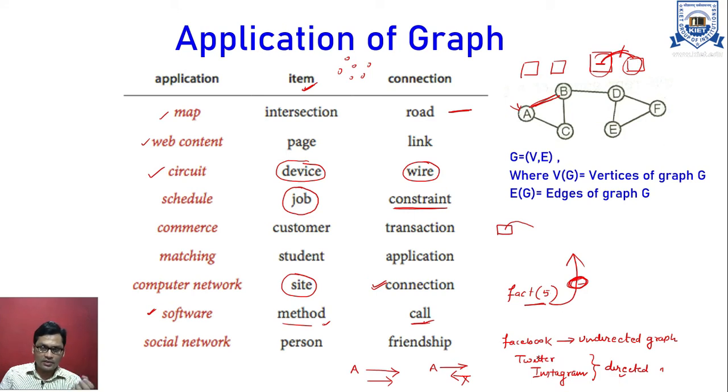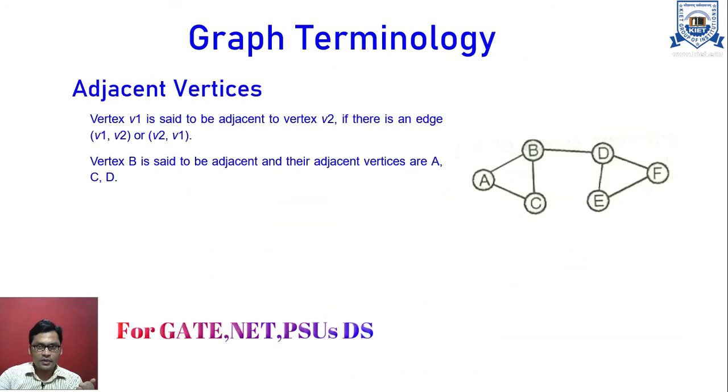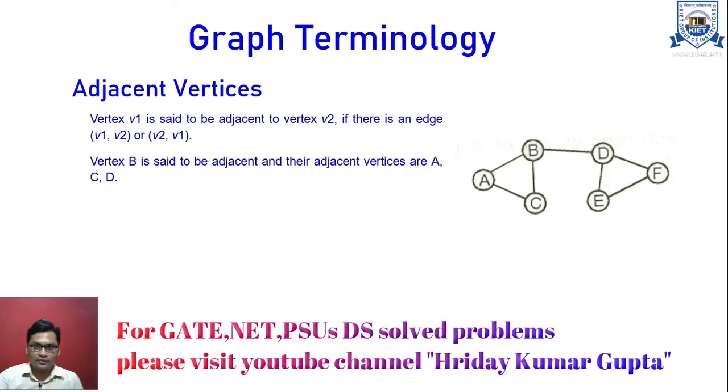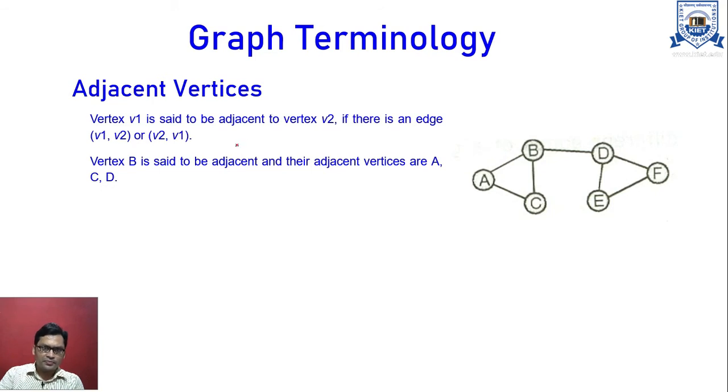So these are some applications of graph data structure. Now come to the basic terminology of graph. First one, adjacent vertex. You can say node, adjacent node, or adjacent vertices. Simple. Vertex V1 is said to be adjacent to vertex V2 if there is an edge between V1 and V2.